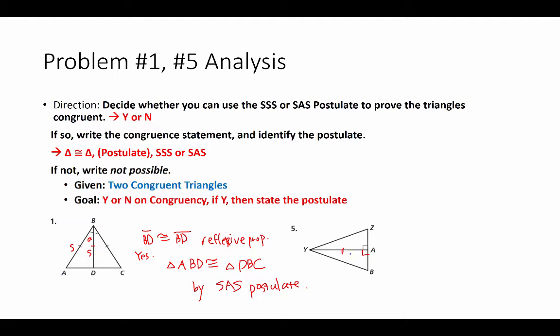Since it's not given, just a side and an angle doesn't necessarily mean they are congruent. So let me exaggerate. What if I have a figure like this? Because I'm not explicitly given that AZ has the same length as AB, what if I really have this? In that case, it's not even similar, it's not congruent, so I will say not possible.